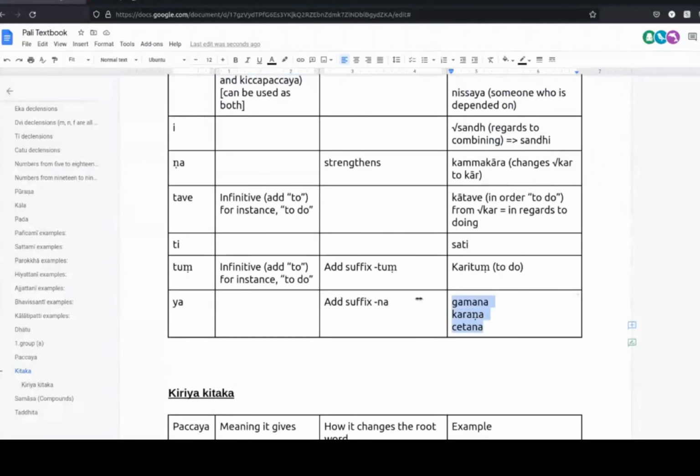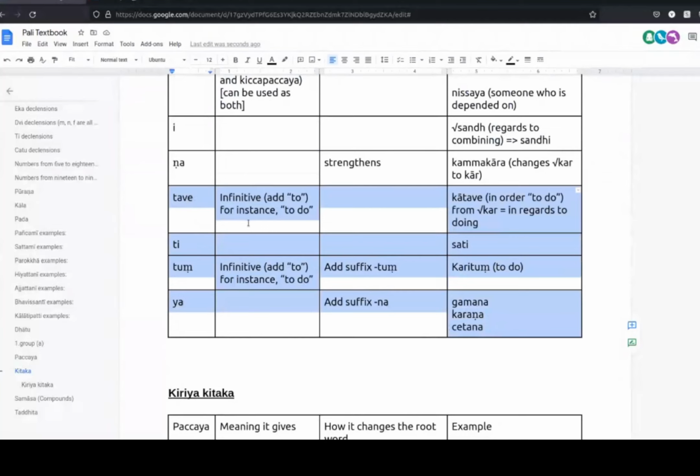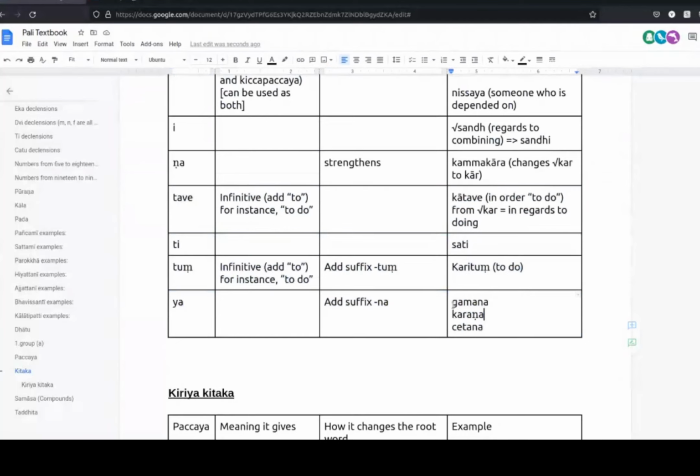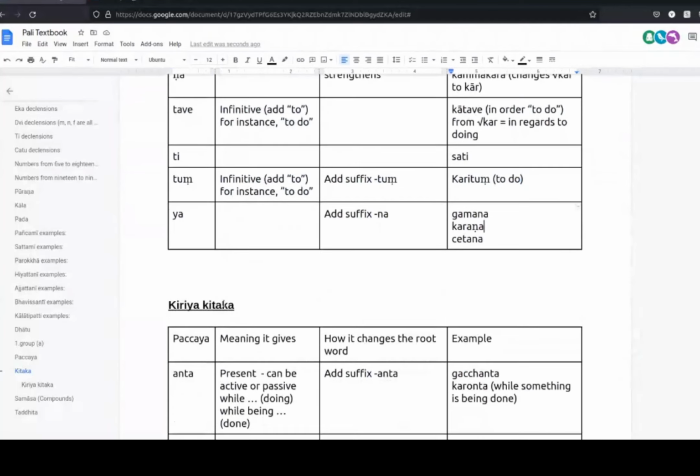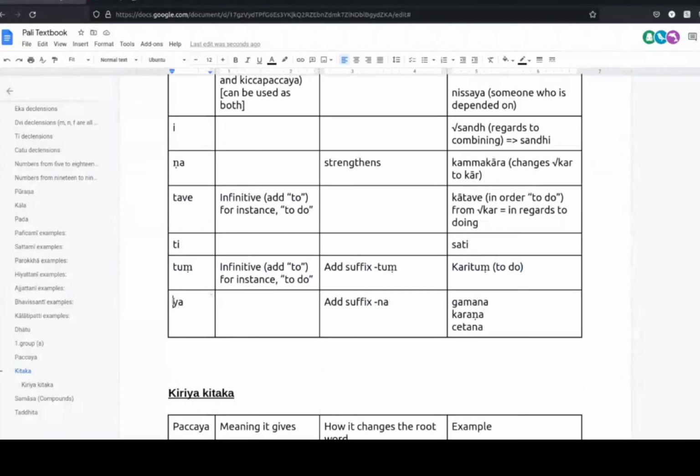It's so funny to see this because this is the actual name of this suffix, but you don't add ya, you add na instead. Don't ask me why the grammarians had it this way.